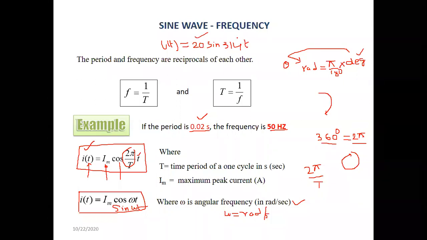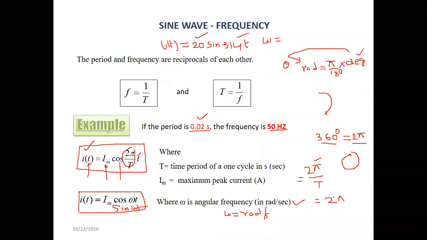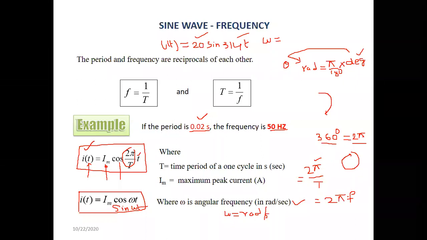The peak value. What is 314? Omega. So what is omega? Angle by time, 2 pi by T. And 1 by T is f. So I can write omega is equal to 2 pi f.